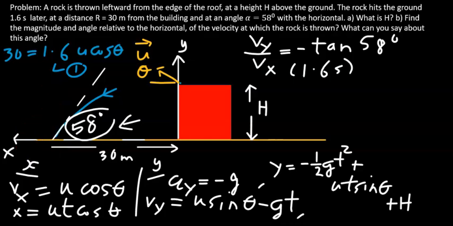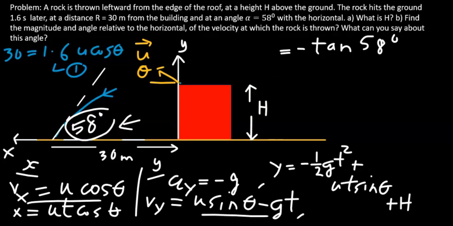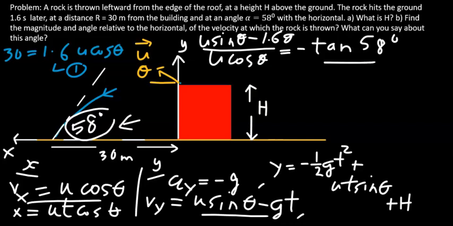Let's substitute vy evaluated at 1.6 seconds and vx from that equation, which is independent of time, and put it in here and get an equation out of it. So vy is u sine theta minus 1.6g, divided by u cosine theta, equals minus tangent 58.